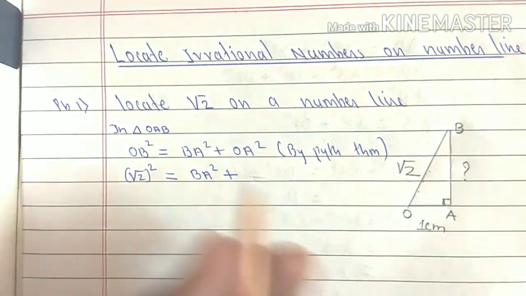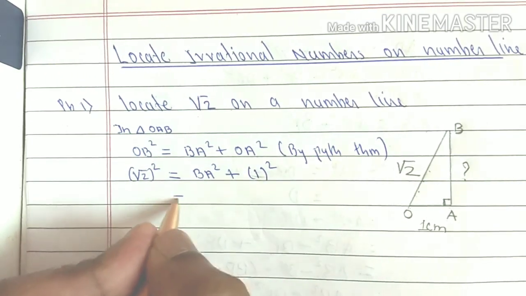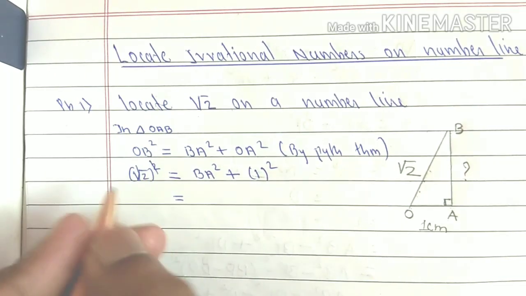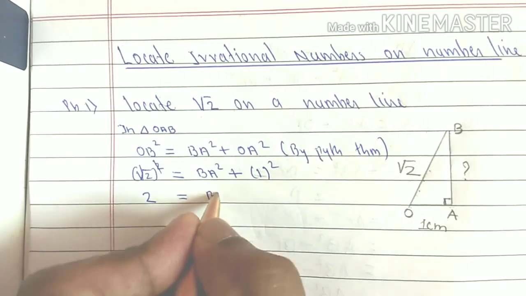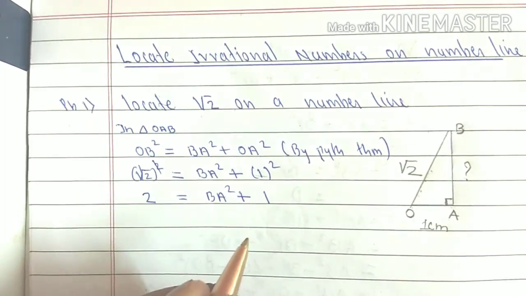OA is assumed as 1 centimeter, so 1 square. So now root 2 square, root and square will get cancelled, so you got 2 over here. BA square will be BA square plus 1 square is 1.